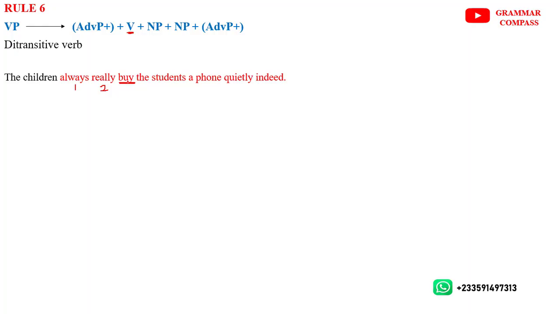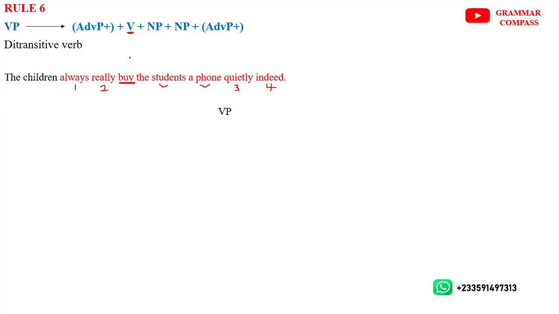Since this is a ditransitive verb, it means that we are going to have 2 noun phrases after it. Can you identify the 2 noun phrases? One is the students and the next one is a phone. And we have another adverb phrase number 3, quietly, with a qualifier, and indeed our adverb phrase number 4, also with a qualifier. Now let us draw a tree diagram for this particular sentence.